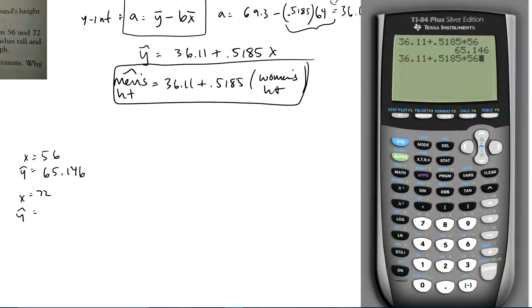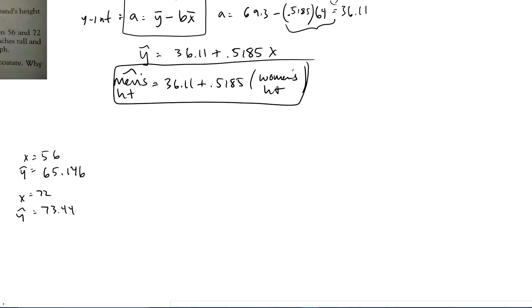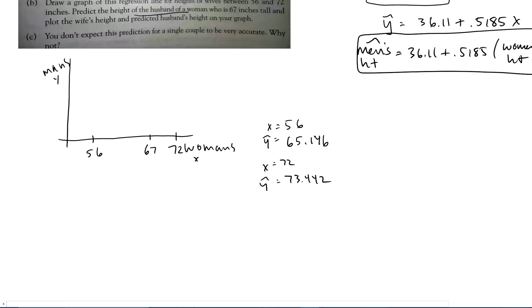Second, enter. And then you can go back and put 72 into there. It lets you edit it. And then you get 73.442. Okay, so that's going to allow me to put these on here at 65 roughly and 73 roughly. This is my y. Those are my points. Those aren't data points, that's just my line.